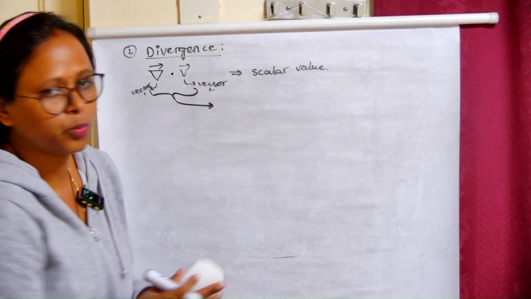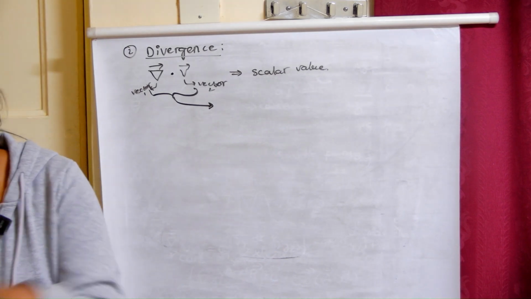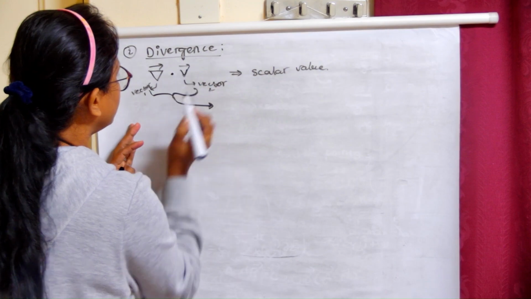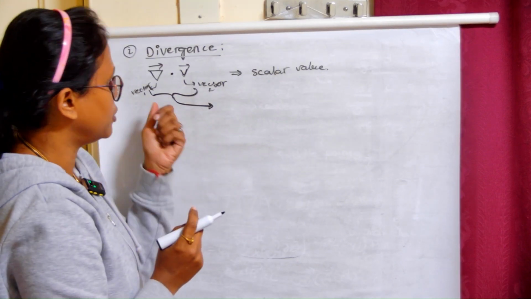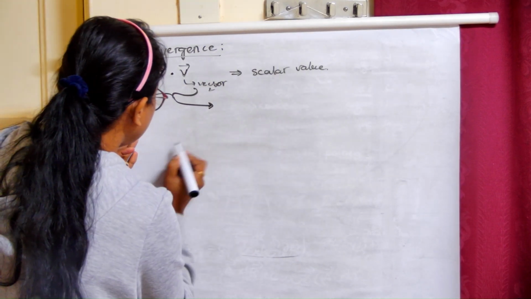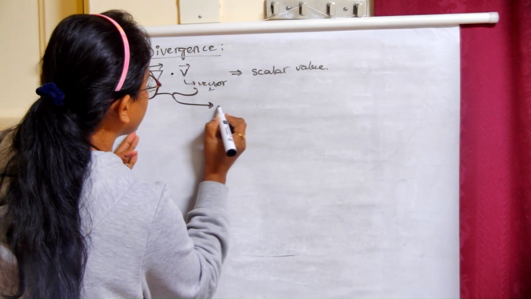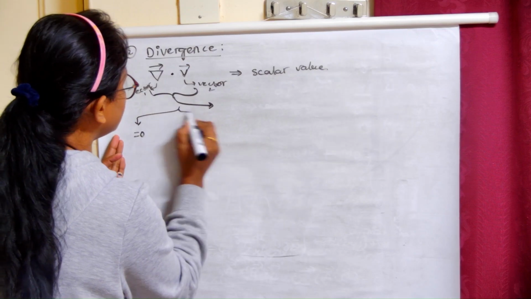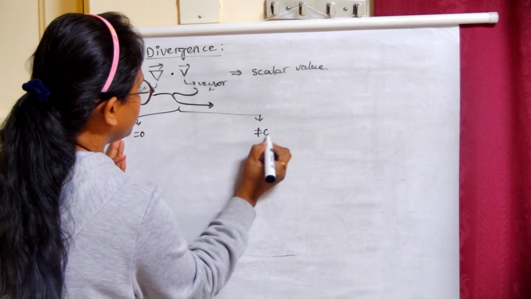If you take any point in three-dimensional space, and if that point is in a vector field, then the divergence may be 0 or non-zero.